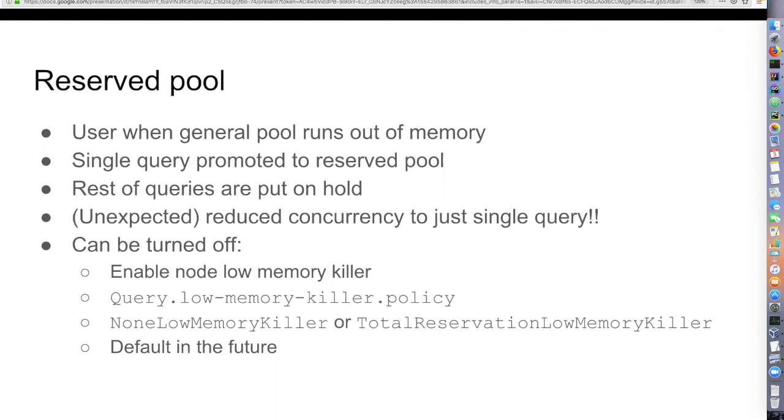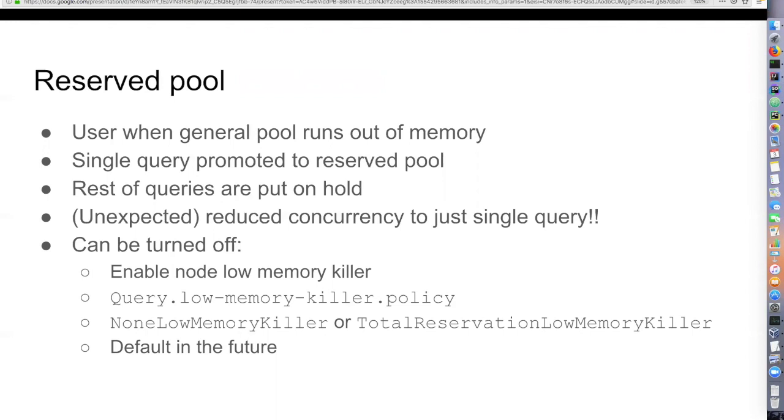If each node promoted a query to the reserve pool itself, different nodes could promote different queries, and because other queries are put on hold, that could result in a deadlock. Because the other, non-nominated queries are put on hold, the cluster concurrency is reduced to 1.